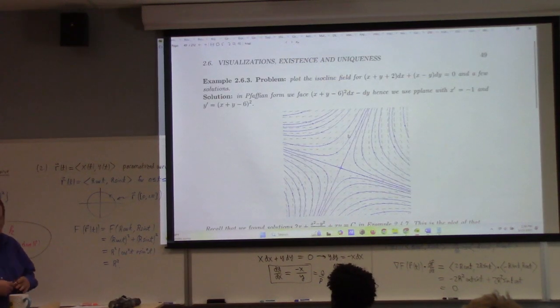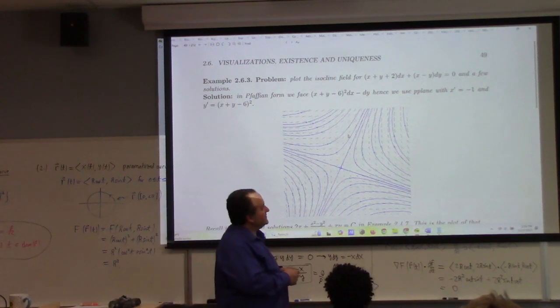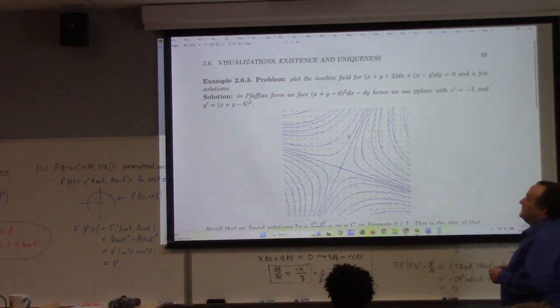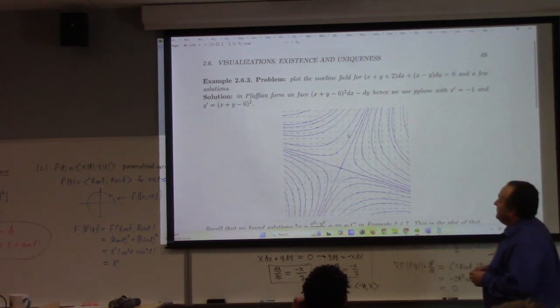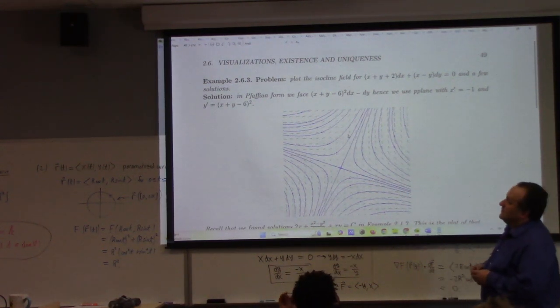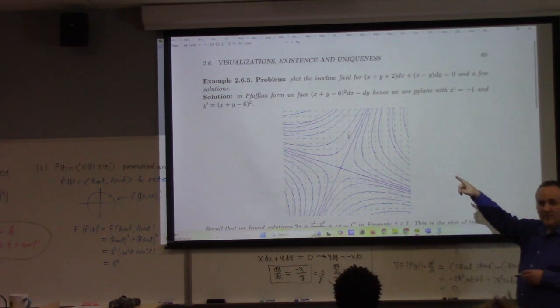Here's another one. We have (x plus y plus 2) dx plus (x minus y) dy equals 0. If I rewrite it in y prime form, I've got y prime equal to (x plus y minus 6) squared. Where is y prime equal to 0?